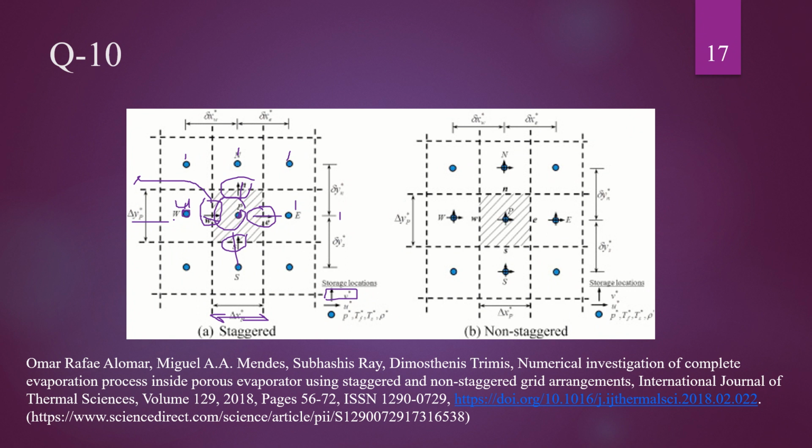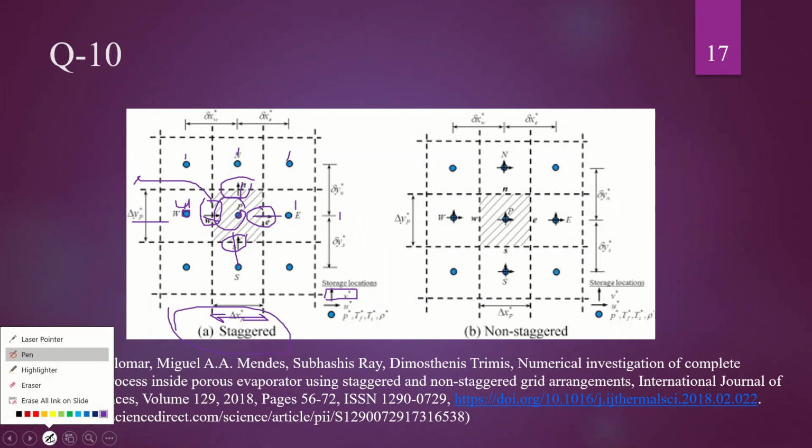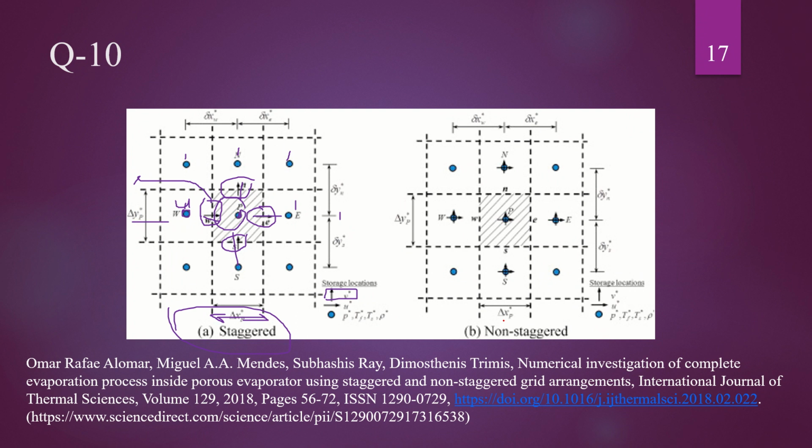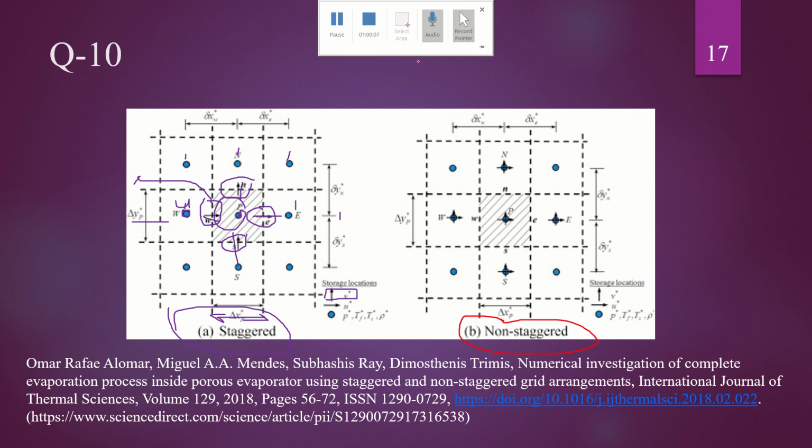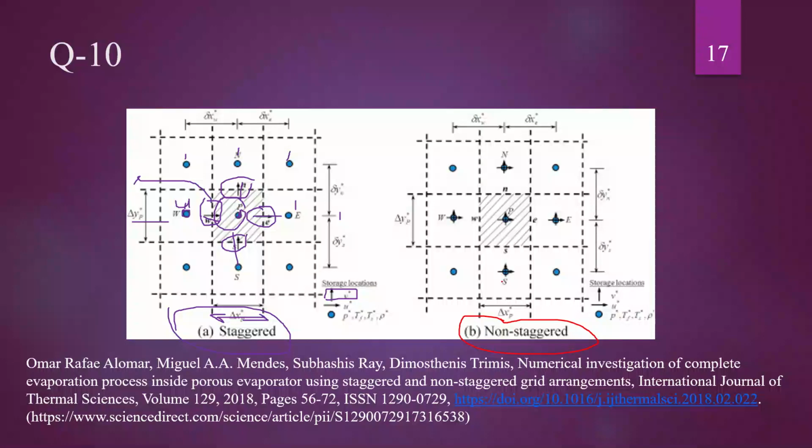This is for the case of a staggered grid system. If the case is a non-staggered grid system, as in the general case, we can see that the storage location for the V star velocity is this point.